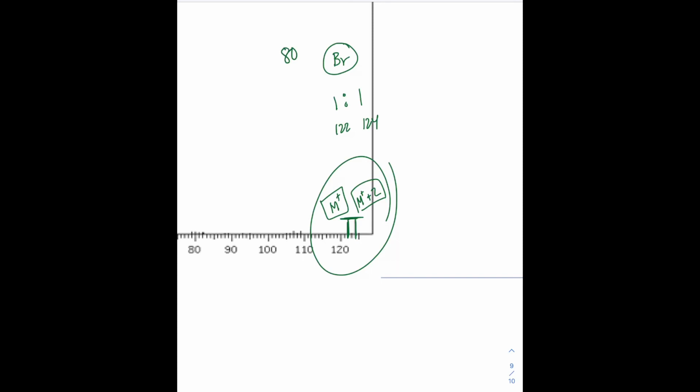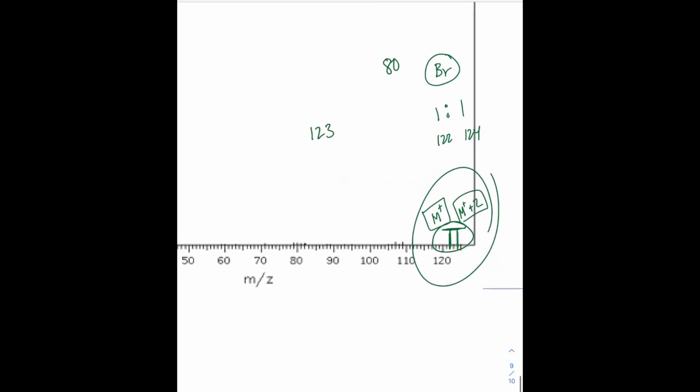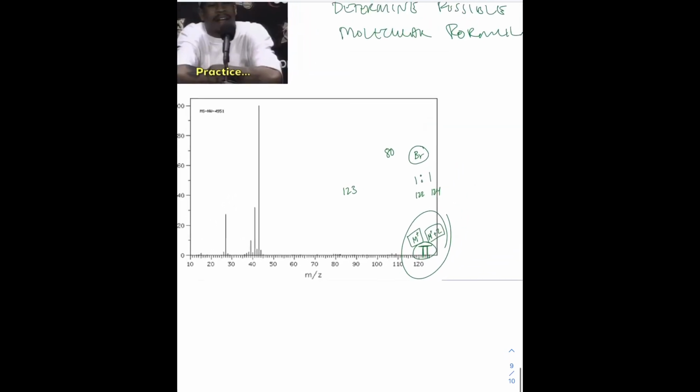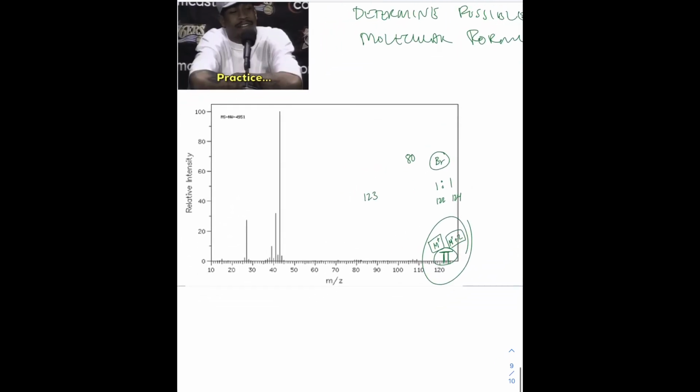And so it also means that the molar mass of this particular substance is actually 123, because we're going to get an average of those two masses. And since we have an average of 123, what we want to do is, remember, the rule of 13.